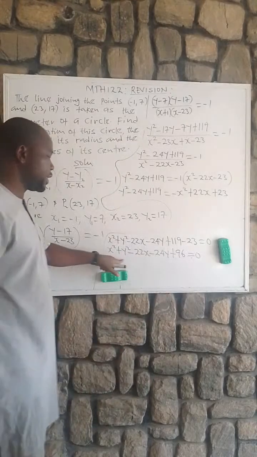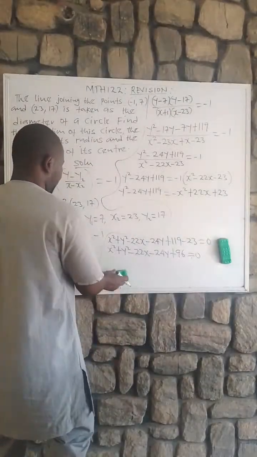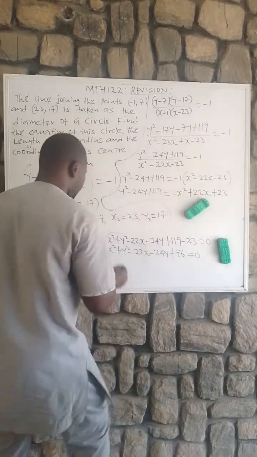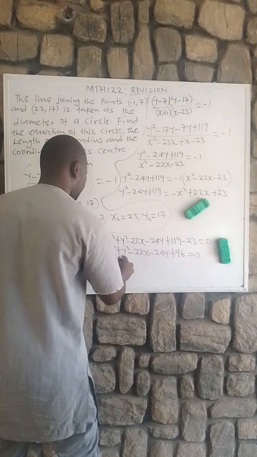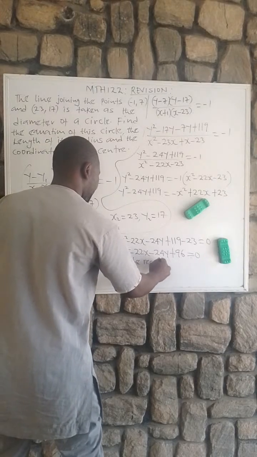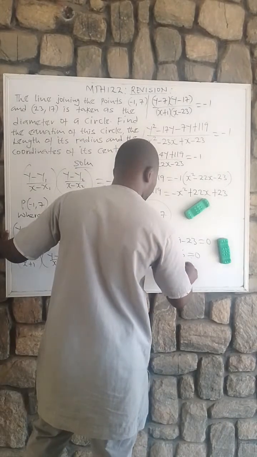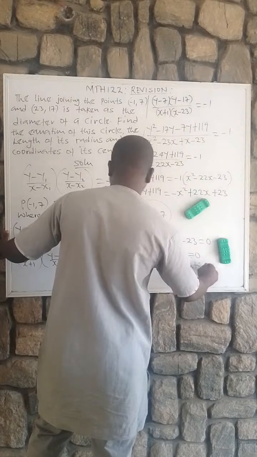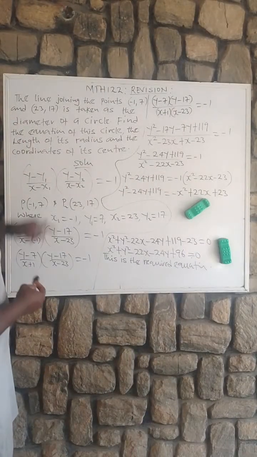So this is the required equation. That clear? Now write in conclusion, this is the required equation. Are you following? Okay. So we are done with the first question.